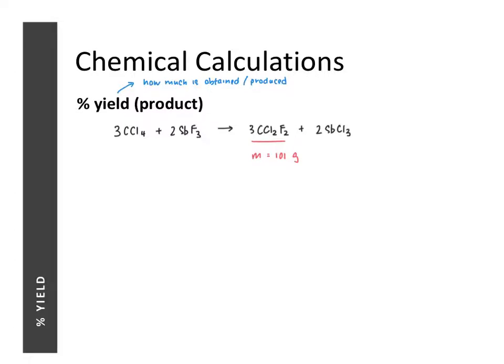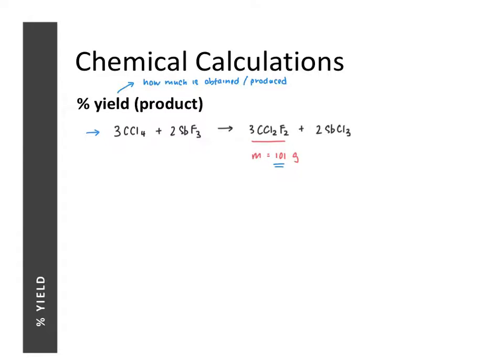Based on that, let me bring you back to one of the calculations that was performed in the previous lesson. In the previous lesson, we were looking at this particular reaction, and we performed calculations and found out that in this reaction, the mass of product that we will get is 101 grams.